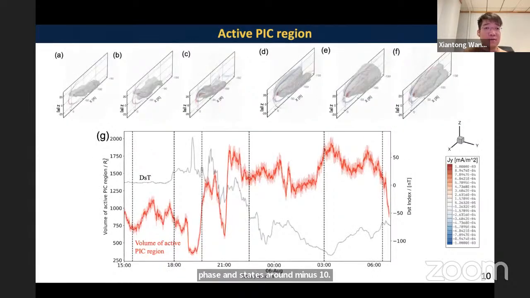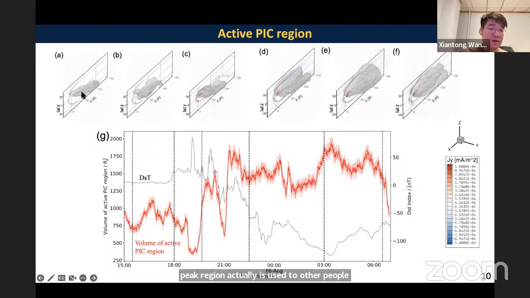And here is the illustration of the PIC region changing during the simulation. We select six time snapshots during the simulation. The plane you are seeing is a meridional plane with the current plotted, and the gray isosurface is where the PIC region is actually used.